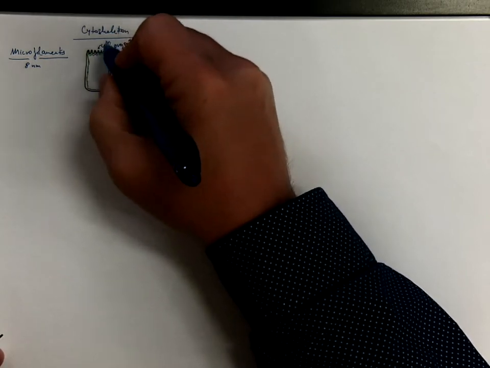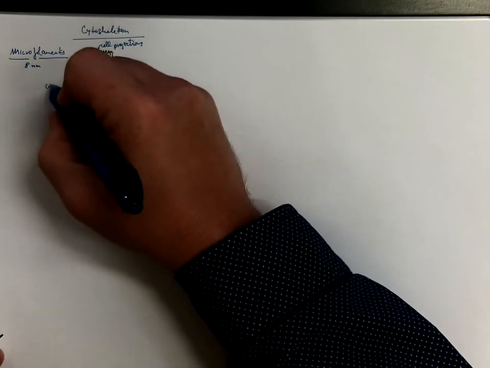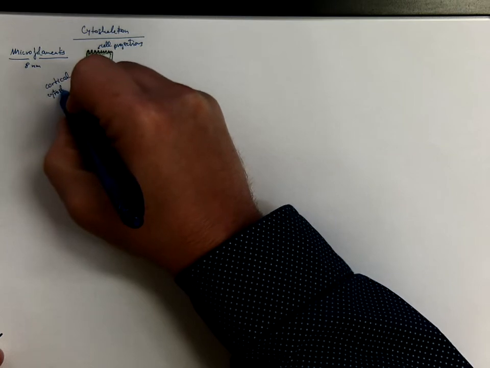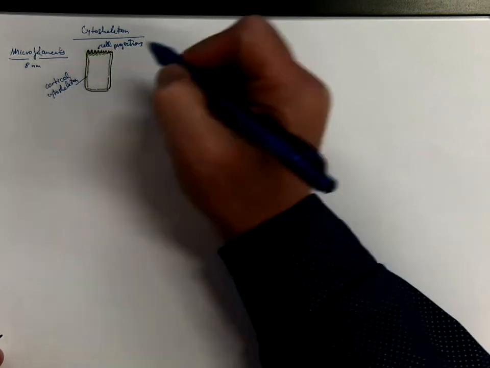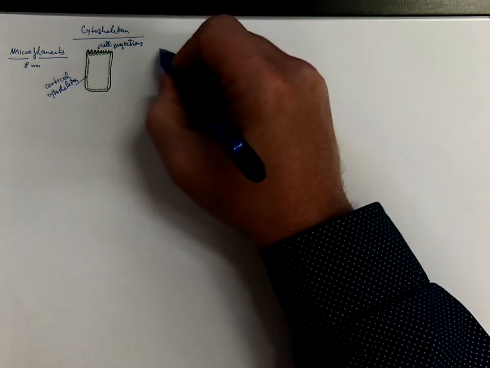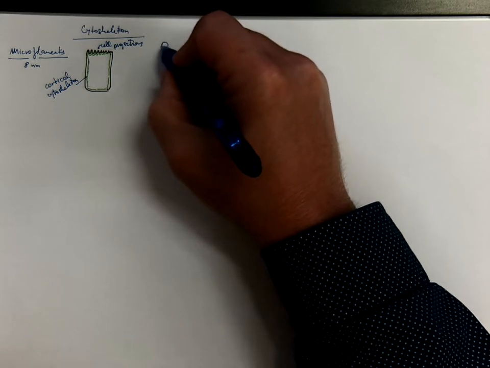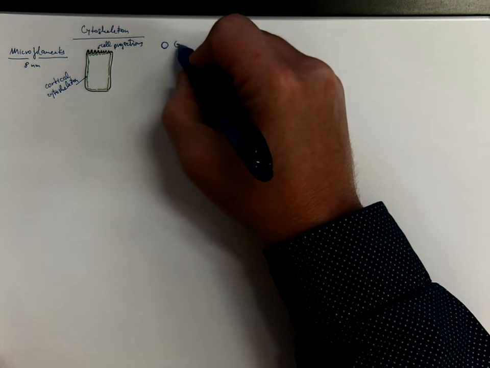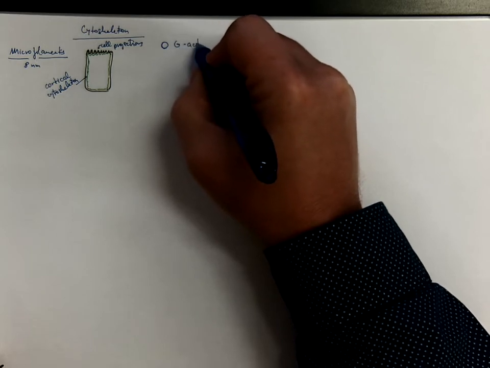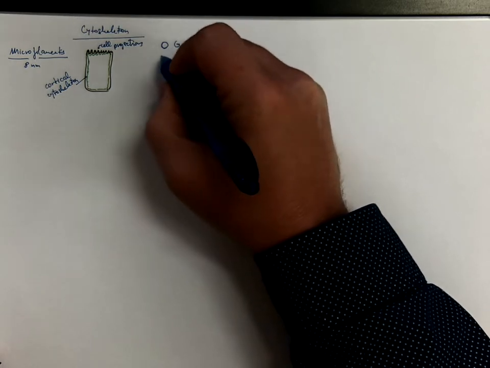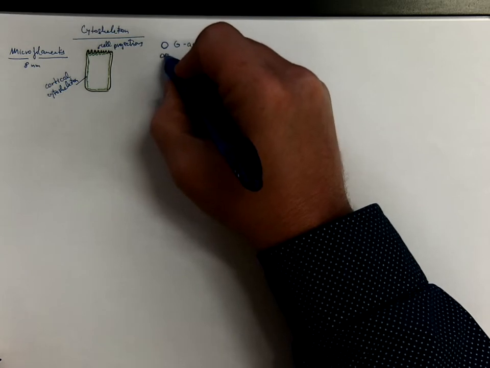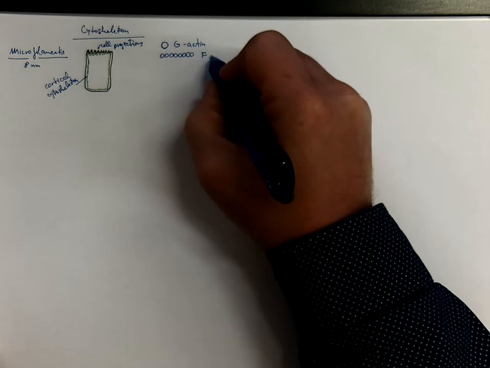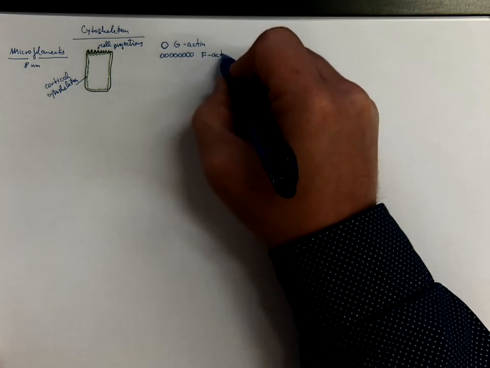Projections and processes, and this would be the cortical cytoskeleton. The basic unit is a globular protein called G-actin, G like globular, which has a tendency to polymerize into fibers. That's the fibrillar actin or F-actin.